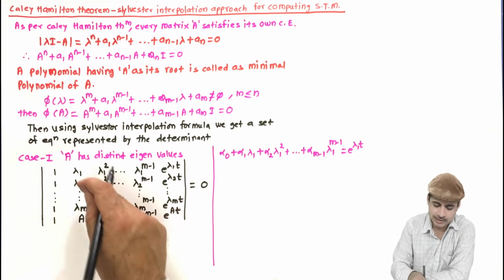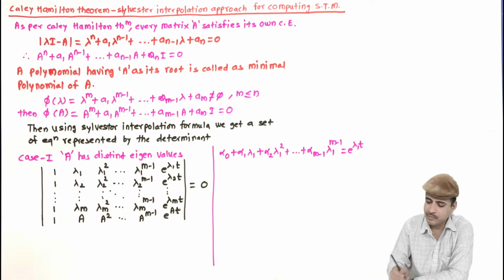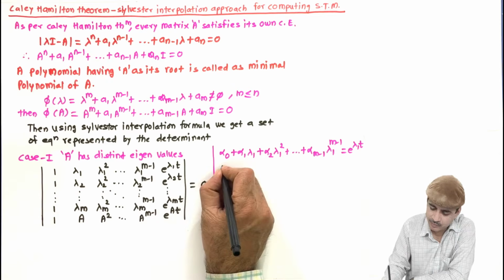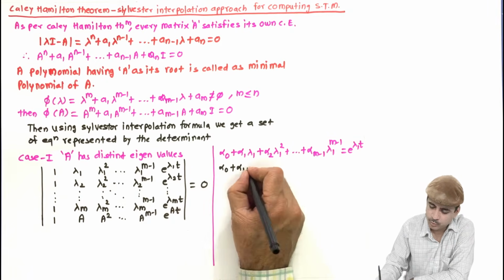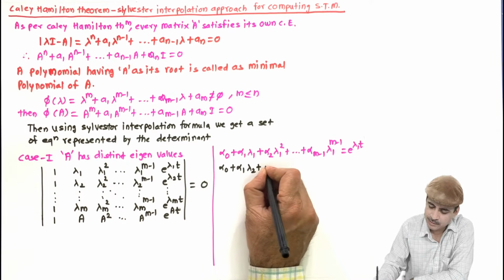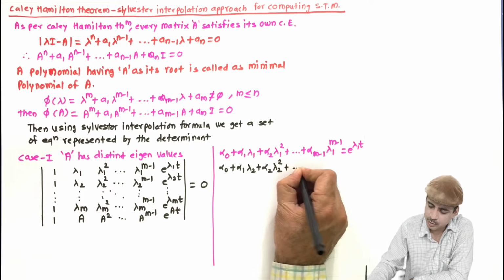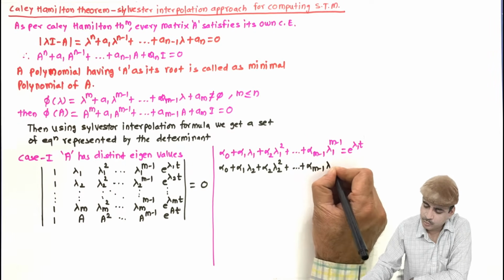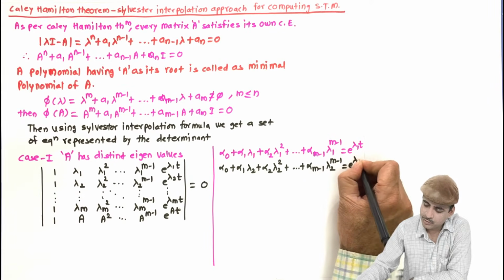There are m unknowns. So if we want to solve these, we must have m equations. So how to get m equations? 1, 2, 3 and so on, 1 to m. We will get m equations. Like for example, again multiply the same constants: alpha 0 plus alpha 1 lambda 2 plus alpha 2 lambda 2 square, so on up to alpha m minus 1 lambda 2 raised to m minus 1, and this is equal to e raised to lambda 2 t.